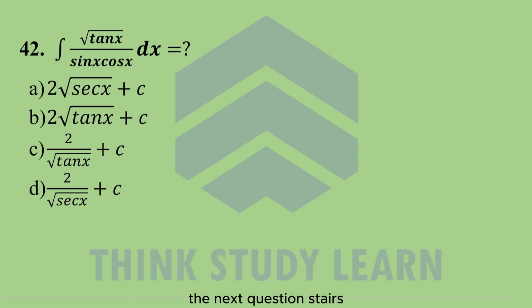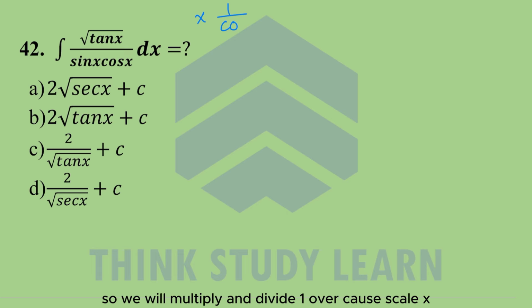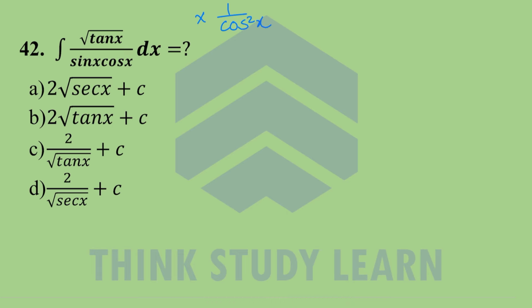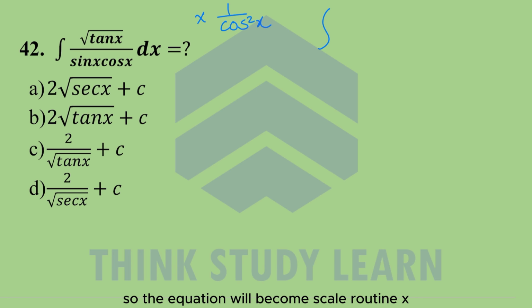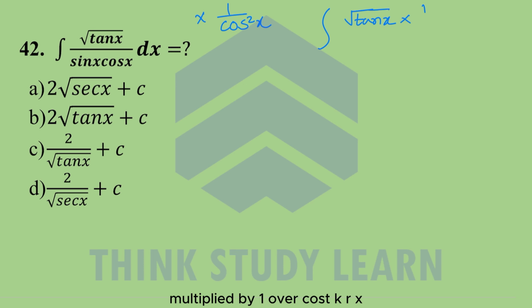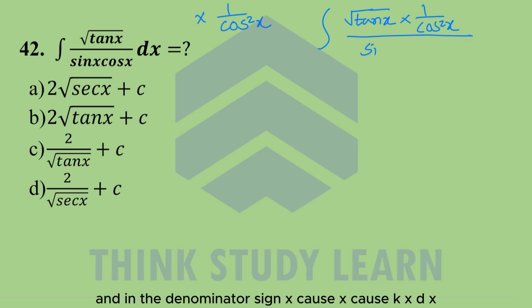The next question states: find the integration of square root tan x divided by sin x cos x. So we will multiply and divide by 1 over cos square x. The equation will become square root tan x multiplied by 1 over cos square x, and in the denominator sin x cos square x dx.